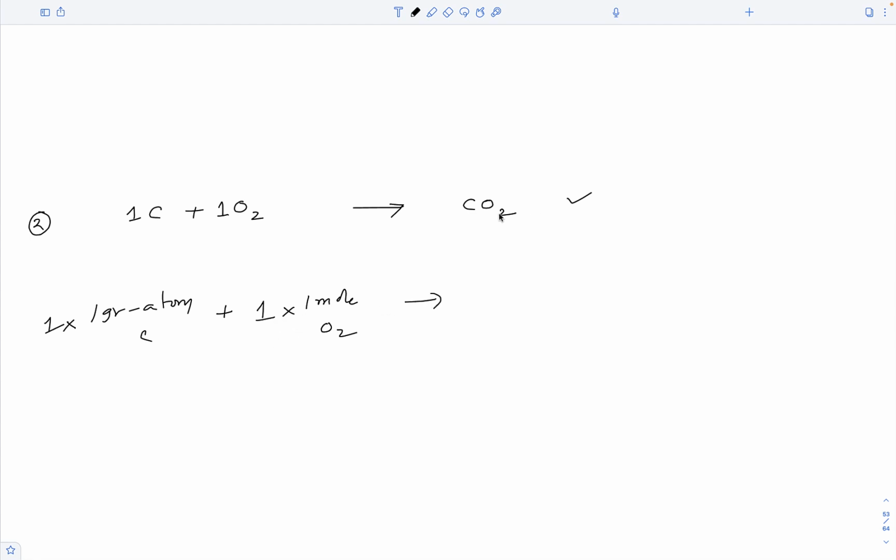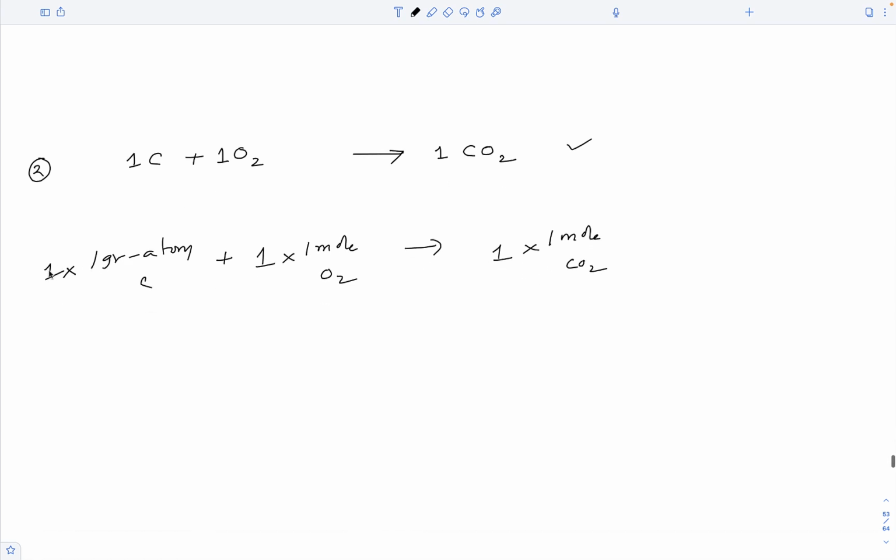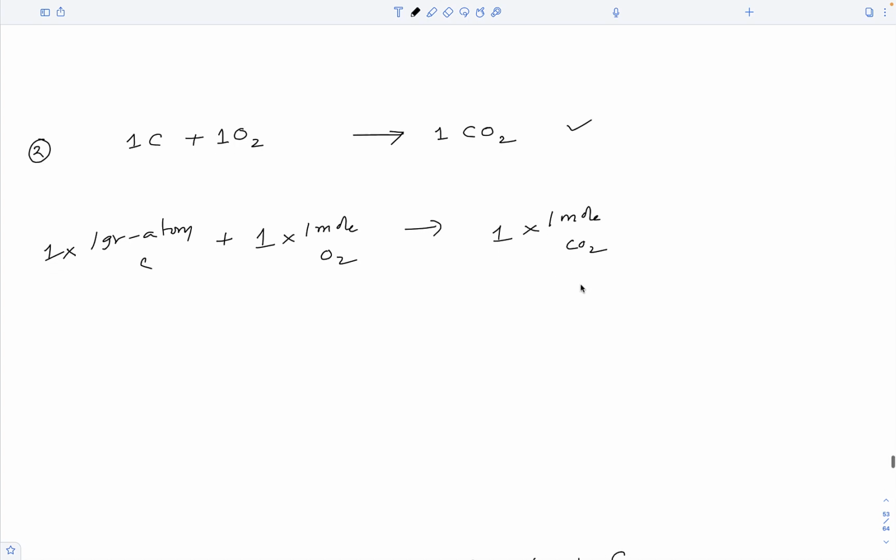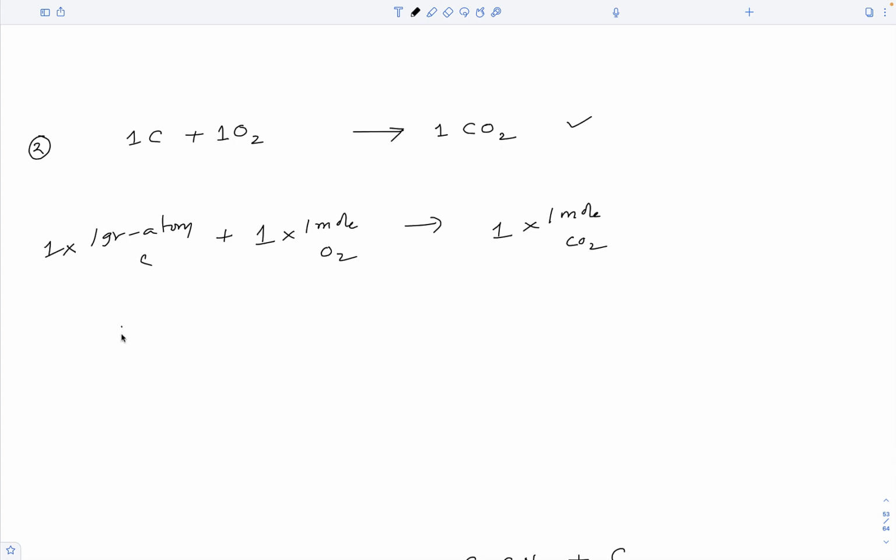And on this side we have CO2. This is the molecular formula of carbon dioxide, so 1 mole of carbon dioxide and multiply it with its stoichiometric coefficient, which is again 1. So now this line says 1 gram atom of carbon combines with 1 mole of oxygen to produce 1 mole of carbon dioxide. 1 gram atom of carbon is 12 grams of carbon approximately.